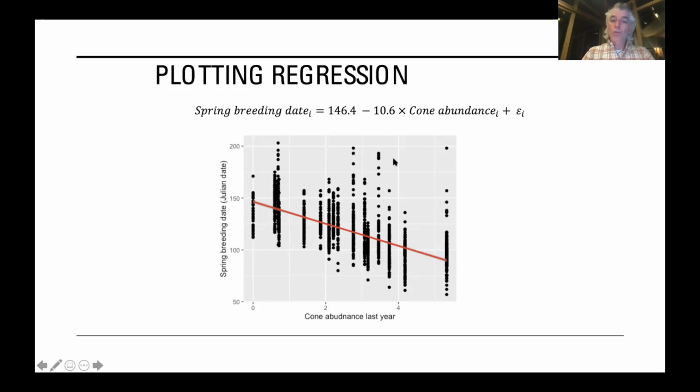So here we can describe all of the observations in our data set using our linear regression and considering the residuals or the deviations of each observation from this regression.